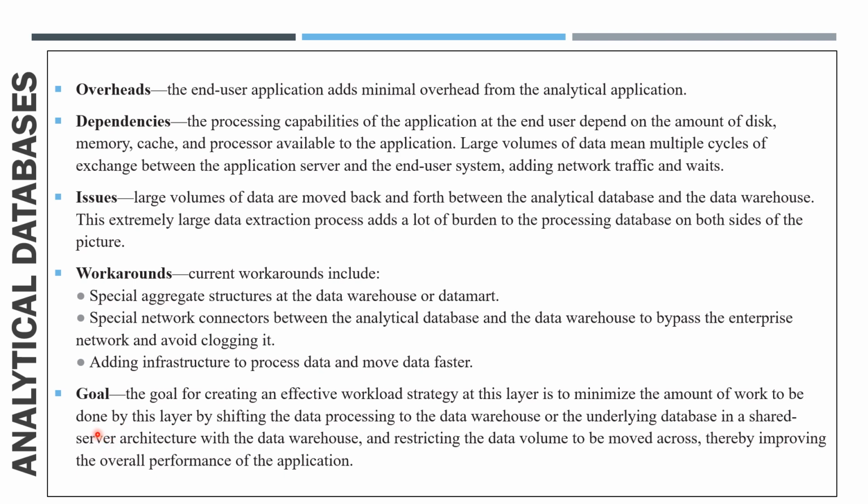For this analytical database, we do this by shifting the data processing to the data warehouse or the underlying database in a shared server architecture with the data warehouse, and restricting the data volume to be moved across. We don't want the data volume to be moved across. So all these three will improve the overall performance of the application. That is the goal.